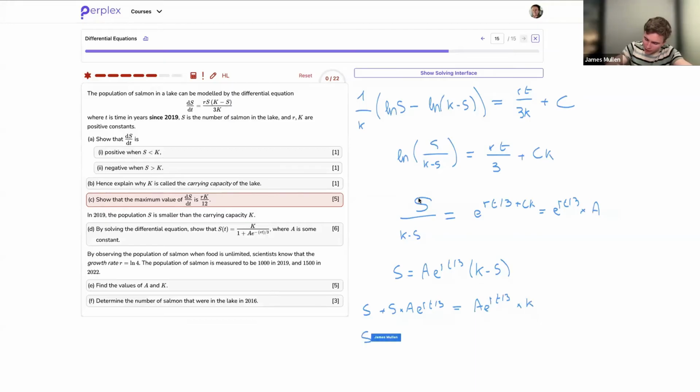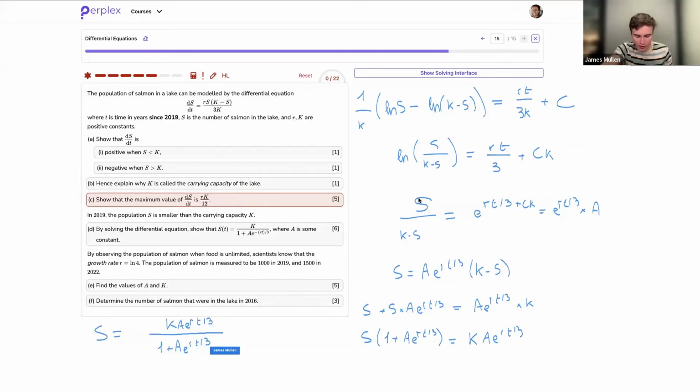You can factor out s over here. I have s times 1 plus a e to the rt over 3 is equal to k a e to the rt over 3. Now, isolating s, that gives me s is equal to k a e to the rt over 3 divided by 1 plus a e to the rt over 3.